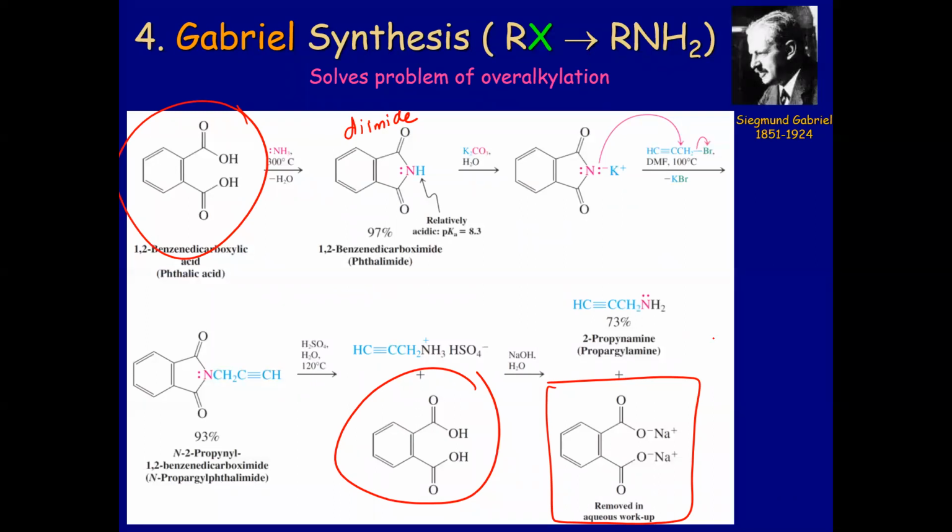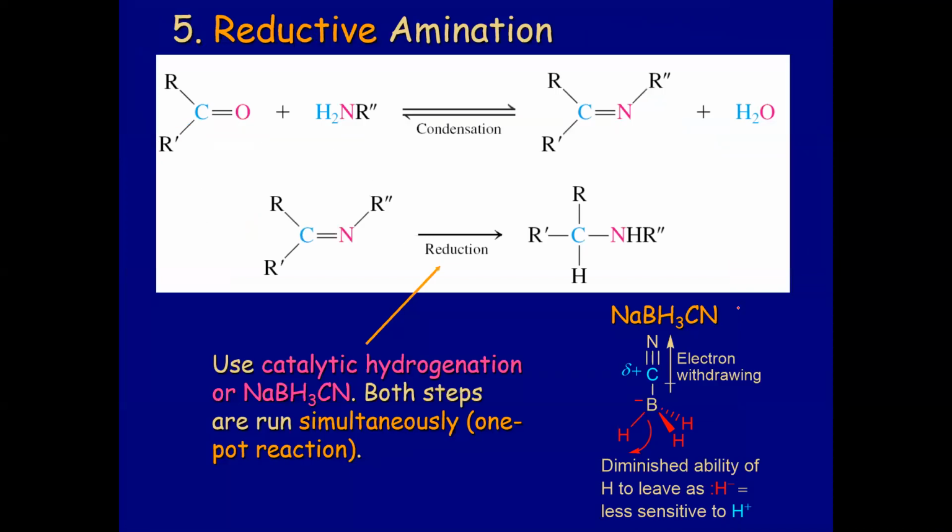Another probably slightly easier reaction would be the reductive amination, where you have nucleophilic addition followed by dehydration, where you form an imine, and then you can reduce this using lithium aluminum hydride, sodium borohydride, NaBH3CN. It doesn't matter.